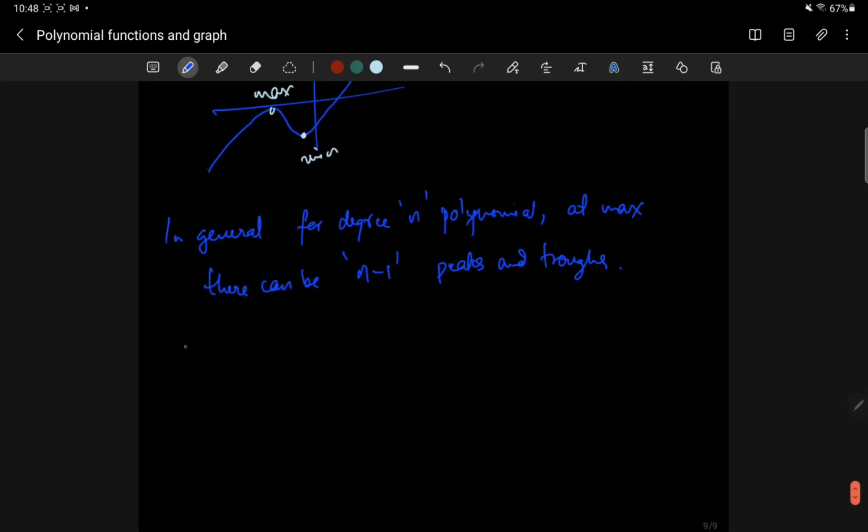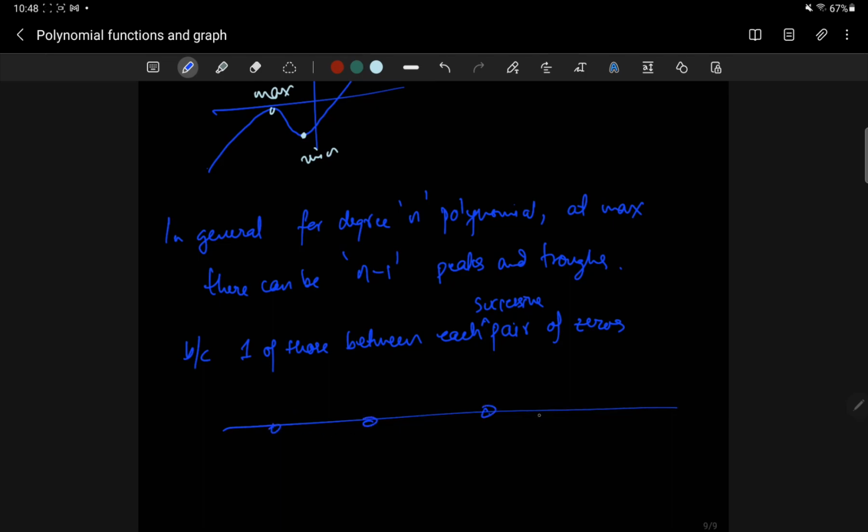That's because there is one of those between each successive pair of zeros. So if I have 1, 2, 3, 4, 5 zeros, there's going to be 1 because of these, another 1 because of these, 1 because of these, and then 1 because of these, for a total of 4.